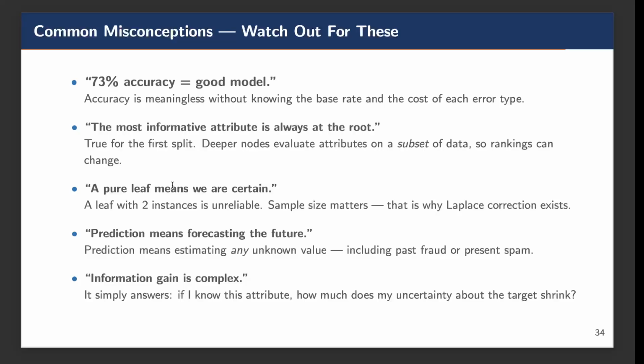So the most informative attribute globally is usually at the root, but ranking can change as you go deeper into the subsets. And also you have to remember that when we talk about the term prediction, it includes estimating past or present unknown values and not just about the future.